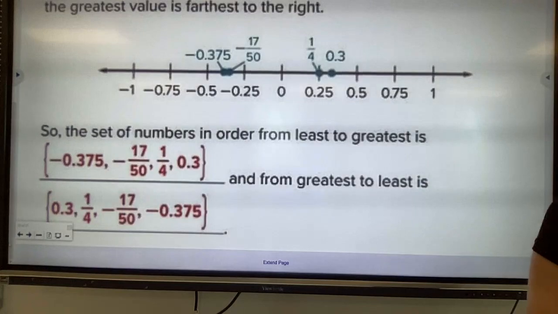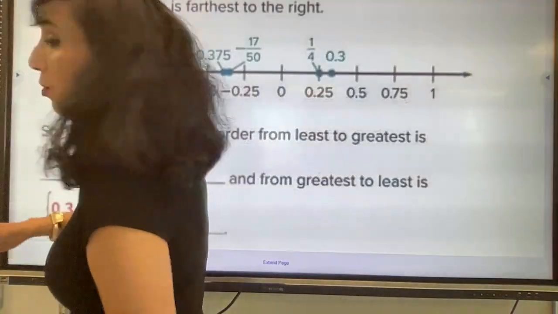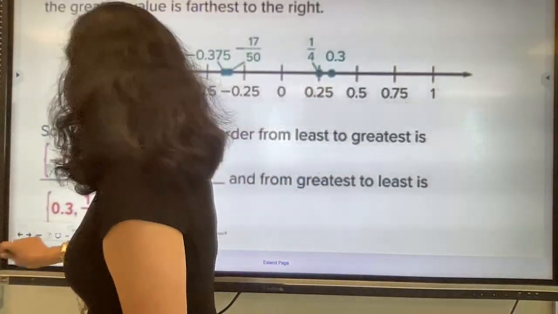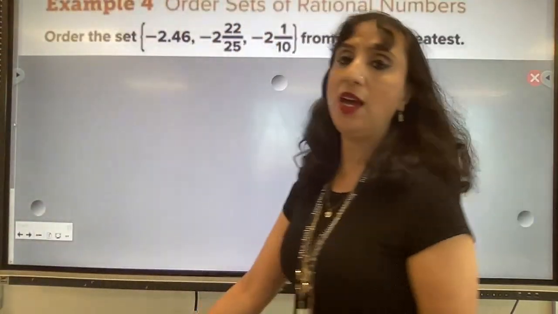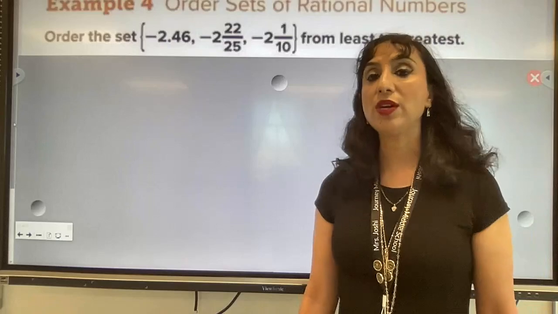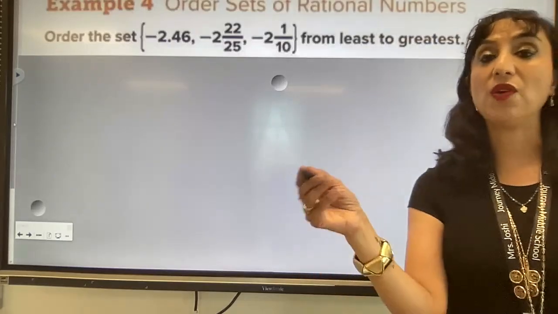All right, so let's do an example of how we can change them all to the same format, and that's what we're looking at. All right, so let's look at this question. It's saying order the set negative 2.46, negative 2 and 22/25, negative 2 and 1/10 from least to greatest.